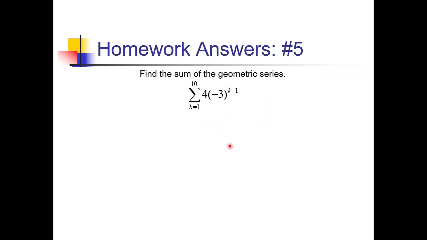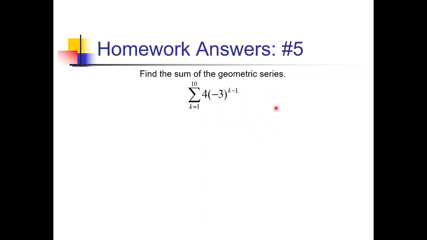For this one, we're trying to figure out the sum of this geometric sequence. And we know it's a geometric series because, well, they said it was. But also, we have this exponential term in here. So we know that geometric series follow an exponential pattern. So we're going to use our geometric series formula, the finite series formula.